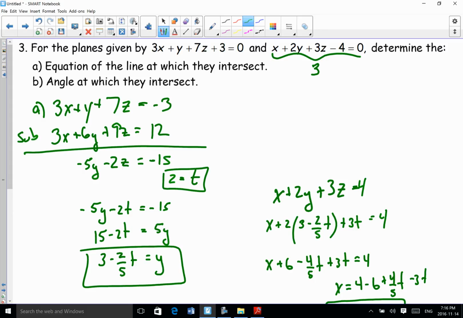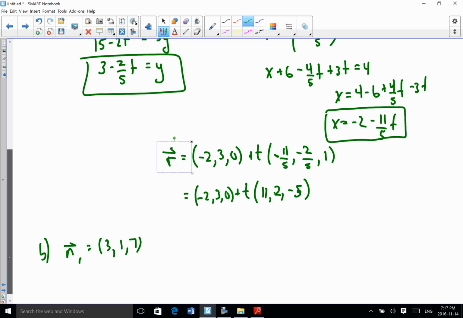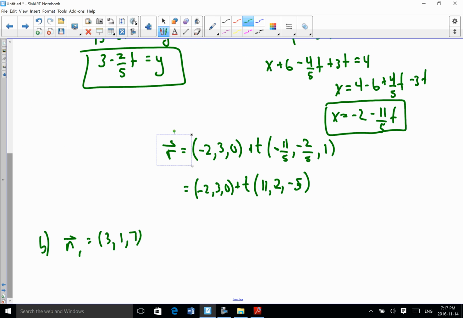I also want to know the angle at which these two planes intersect. We know we can find an angle by using our dot product idea. So if we take the normals from our two equations, 3, 1, and 7, there's normal 1. And if we look at our second equation, our normal over there is 1, 2, and 3.